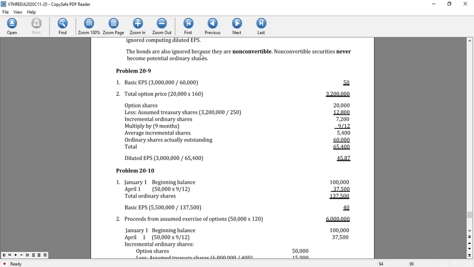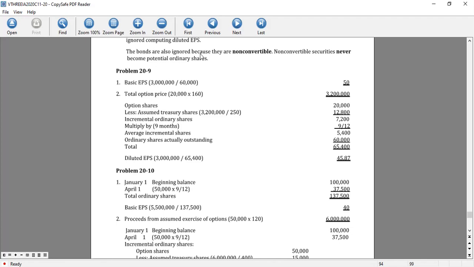Then the proceeds from assumed exercise of options, 50,000 multiplied by 120. So for the exercise of the options, January 1, beginning balance 100,000 shares.